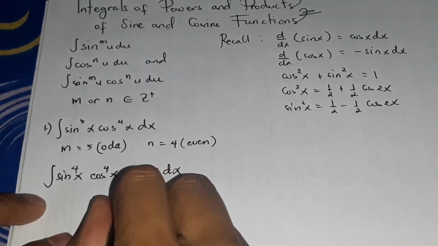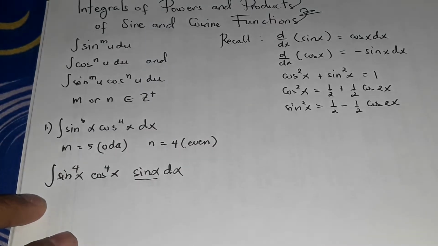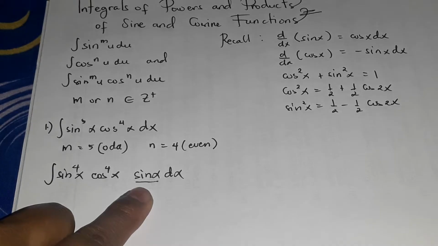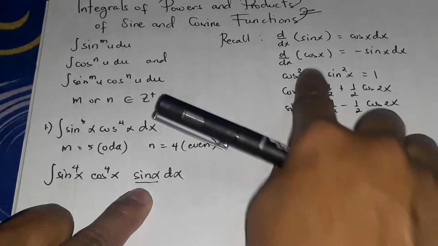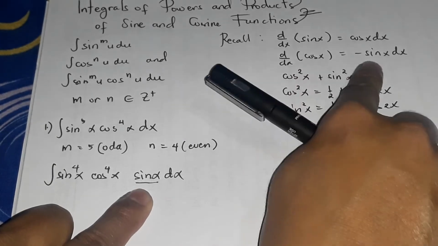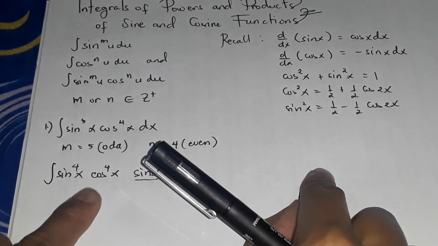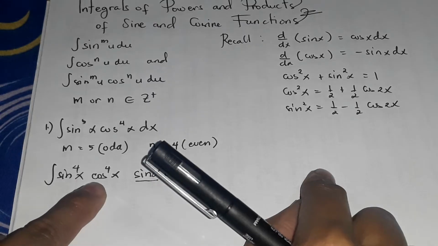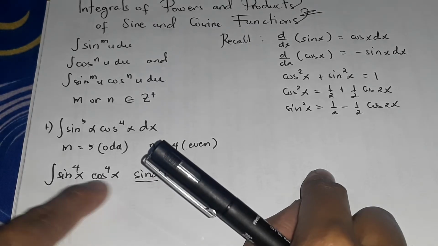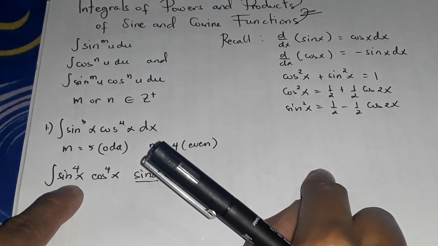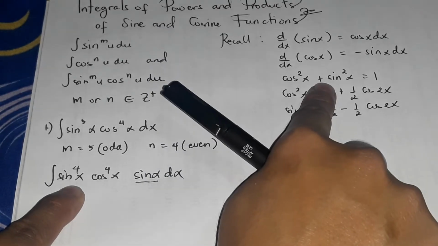Do not forget that sine x has something to do with the derivative of cosine. Again, the derivative of cosine x is negative sine x dx. So technically, what I'm going to do with sine to the 4 x is rewrite all of this in terms of cosine by using this identity.